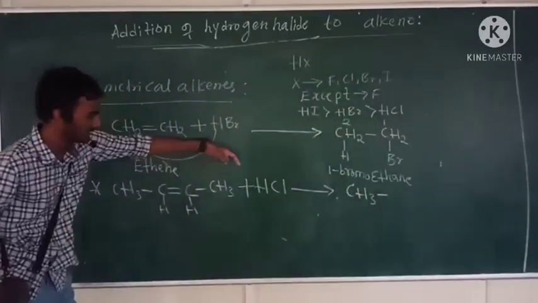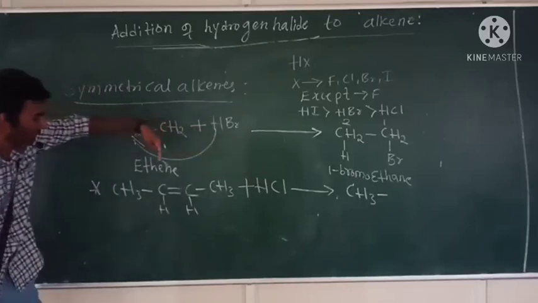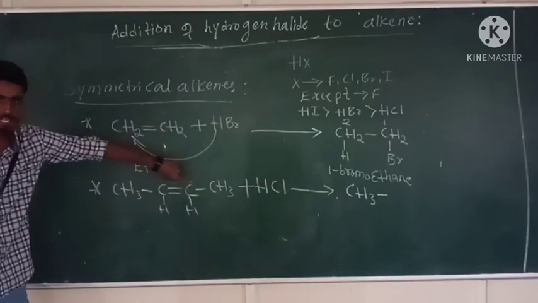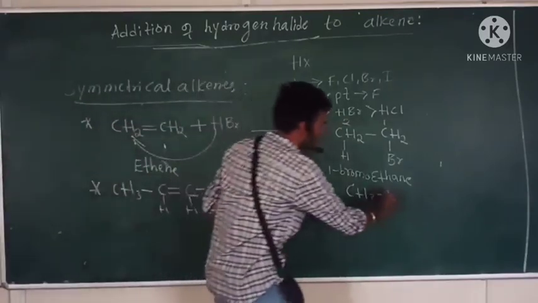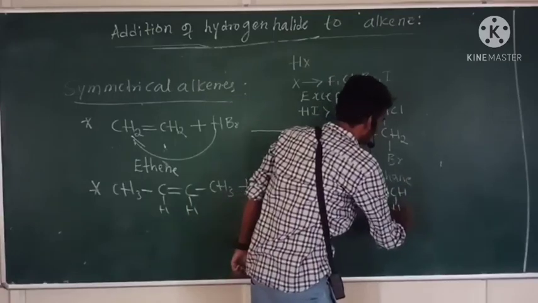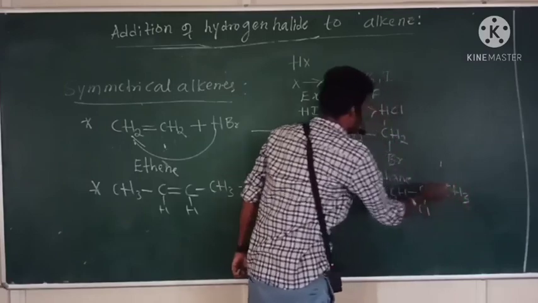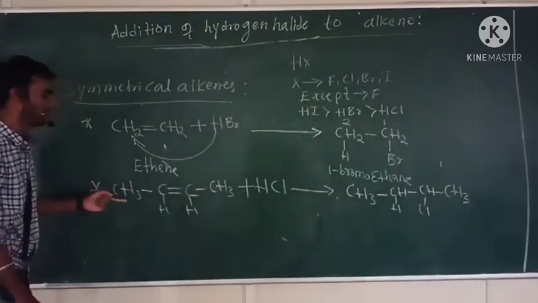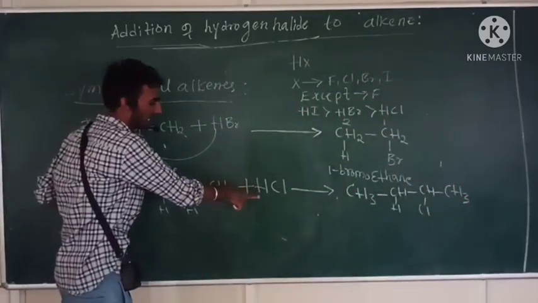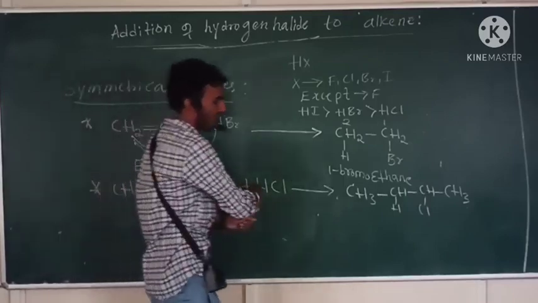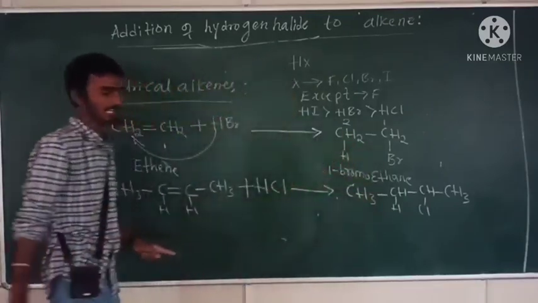Hydrogen is an electrophile. It adds to this side or this side. Two chances are possible. It forms CH3-CH2-CHCl-CH3, an alkyl halide. So the alkene reacts with hydrogen halide, that is HCl, and forms an alkyl halide.